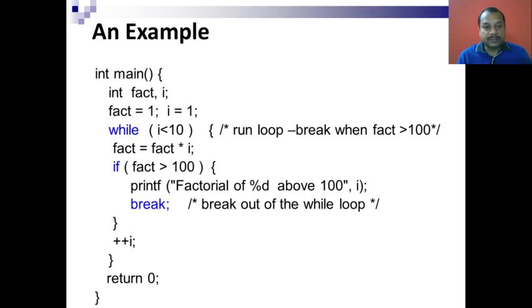In that if condition, during the computation, if the value of fact goes beyond 100, then I will break. So this program actually computes factorial of 10 at most, with a condition that the moment factorial goes beyond 100, then I will stop and exit from the program.